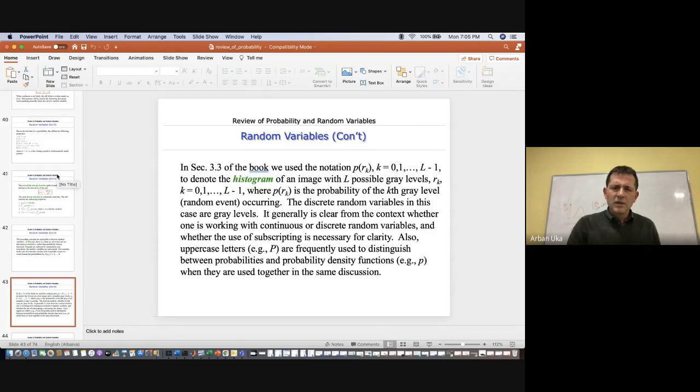And in this notation that we are going to use, we are going to have, as reported here, L different possible grayscale levels. And we have the PR, which is the probability of each grayscale level.